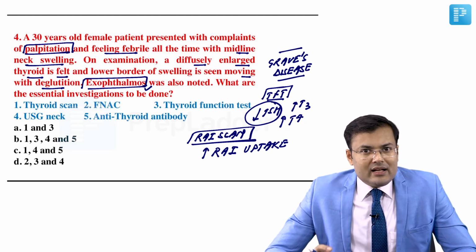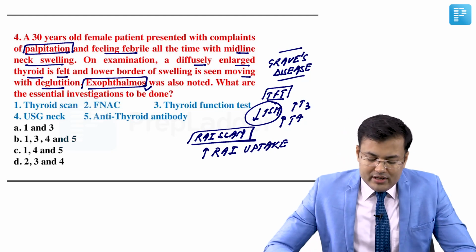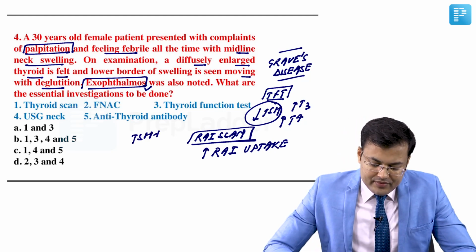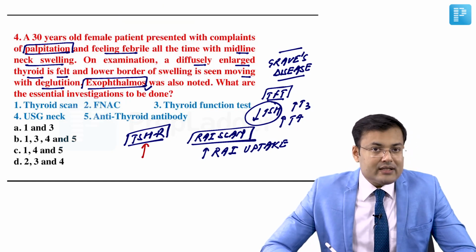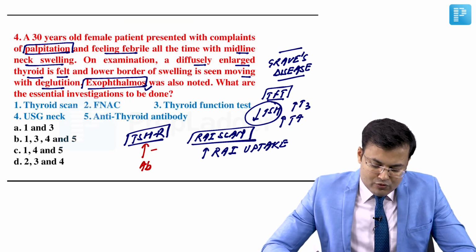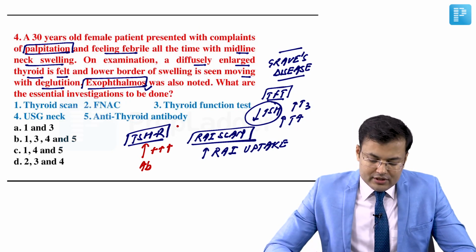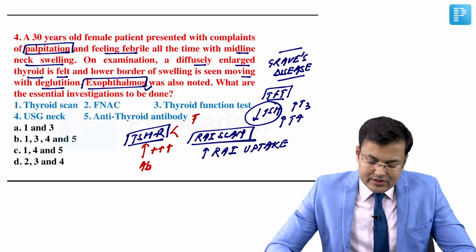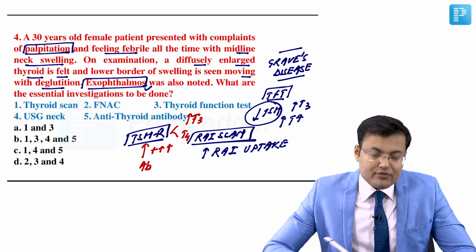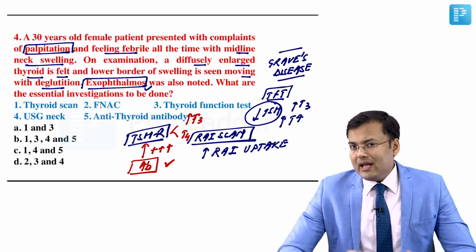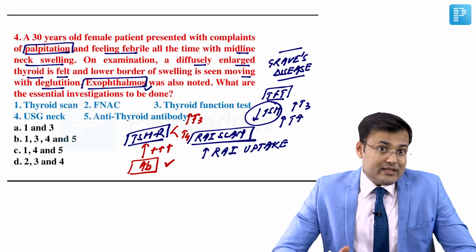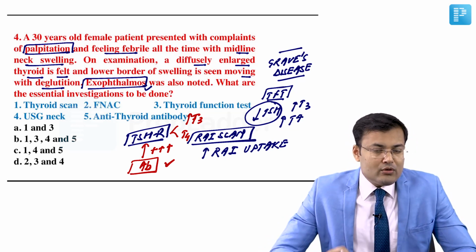And in this case, there are autoantibodies against which receptor? There are autoantibodies against TSH receptor. These are stimulatory antibodies. Because of that, there is increased secretion of what? T3 and T4. So if the patient is having stimulatory antibody against TSH receptor, this is also diagnostic.